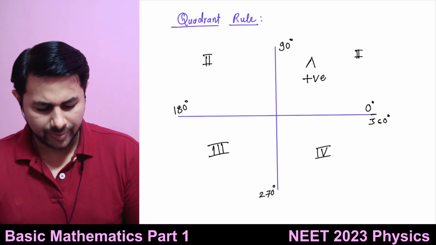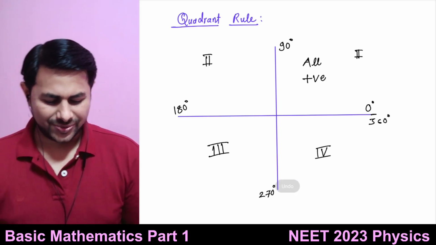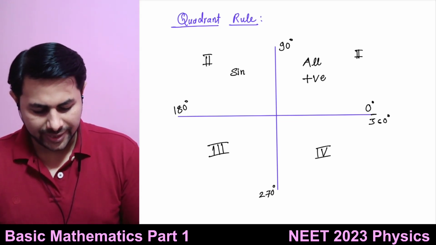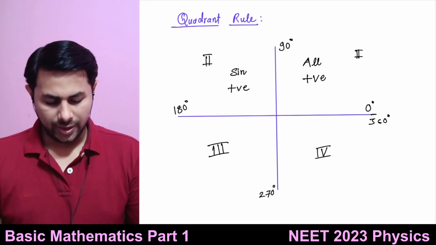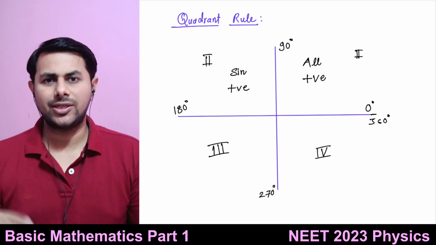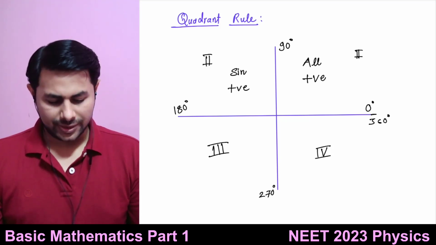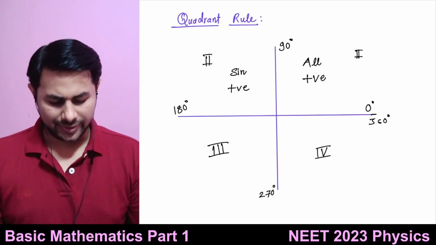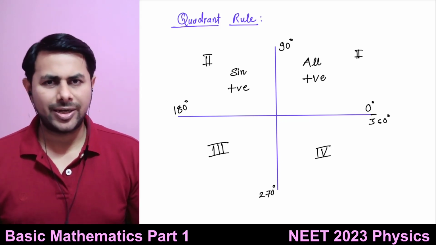The second quadrant, sine is positive. If sine is positive, its reciprocal is going to be positive, so cosec is also positive.